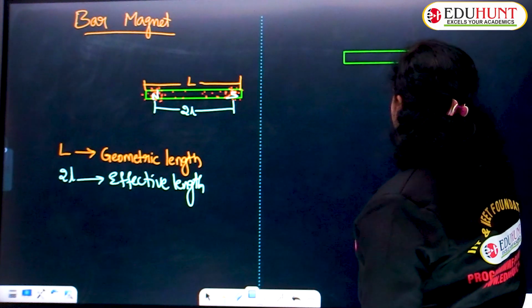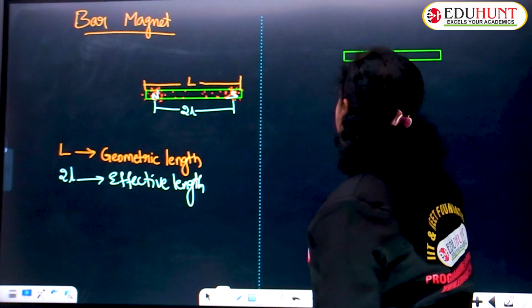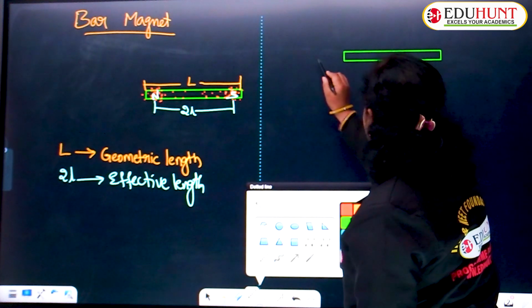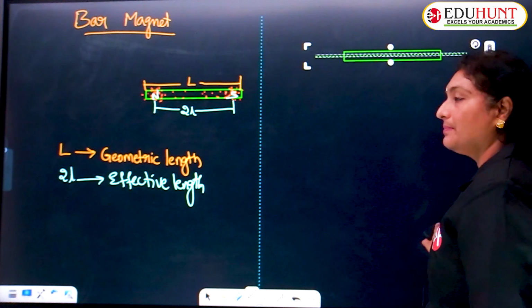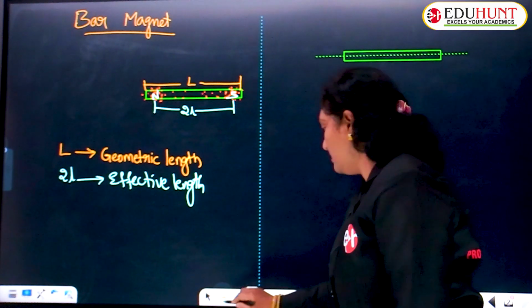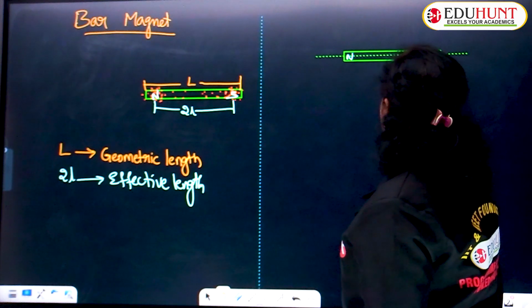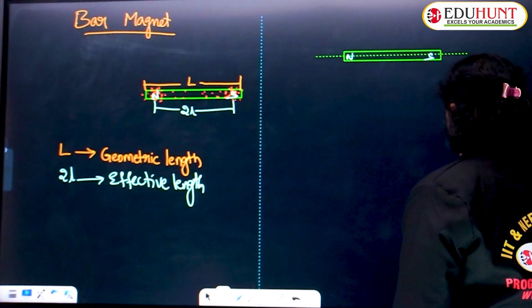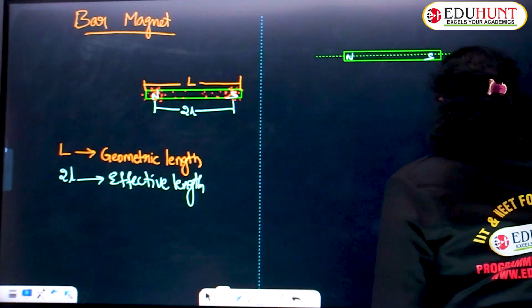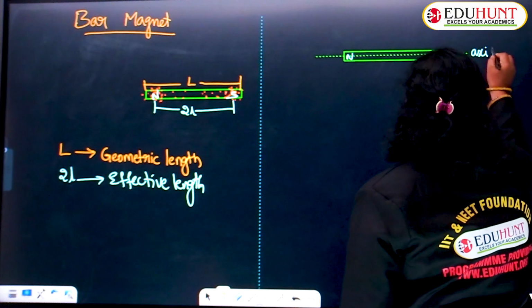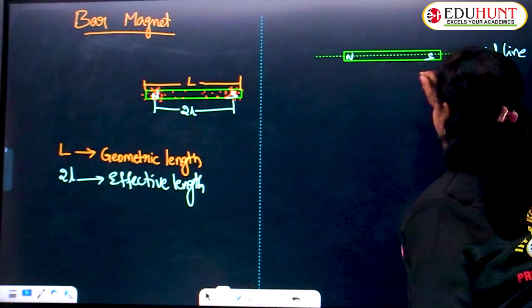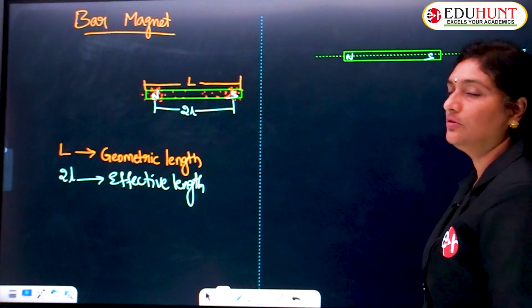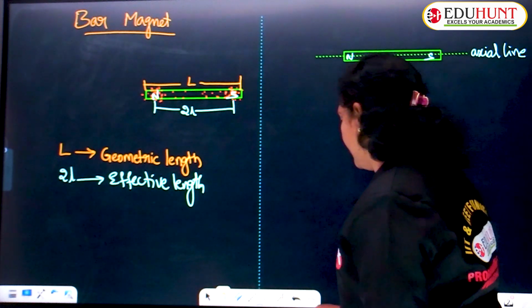For the same bar magnet, if you go with the detailed study, the line that passes along the bar magnet, passing through both the poles, that is north pole and south pole, this line itself is called the axial line. So, what is this line called, children? Axial line. The line that passes along the bar magnet through the north pole and south pole is called the axial line.